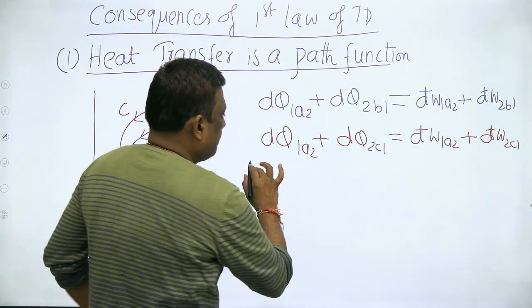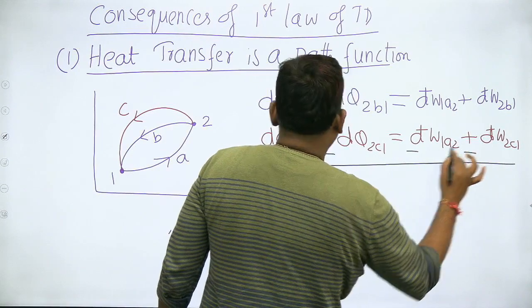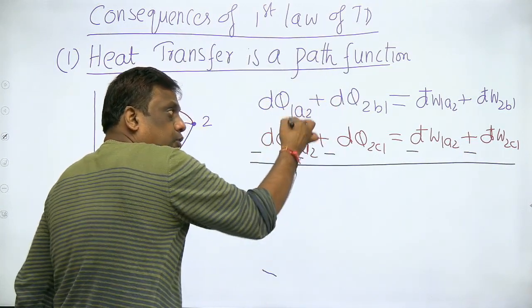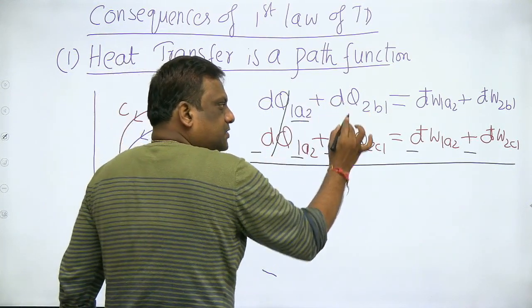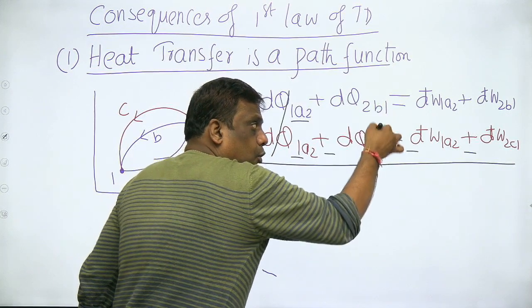Now let us subtract. Heat transfer in 1A2, both are the same, so minus. Heat transfer, please look, it is 2B1 and 2C1, both are different.